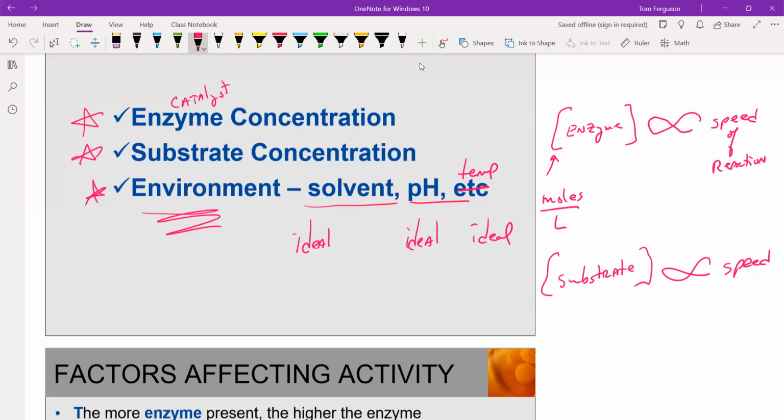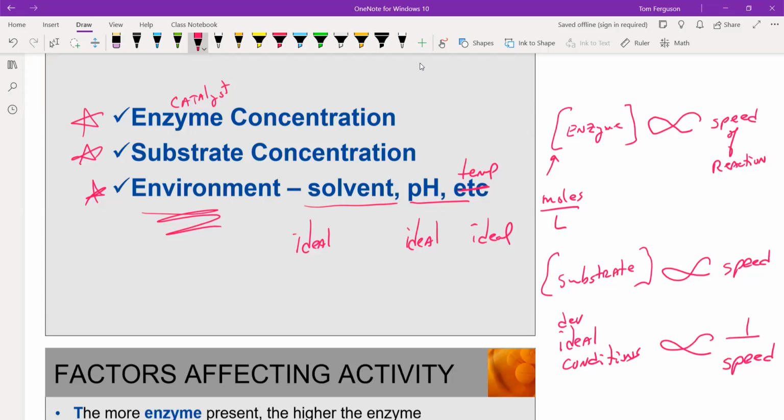Swaying from any of those slows the speed. So deviation from ideal conditions slows the reaction.